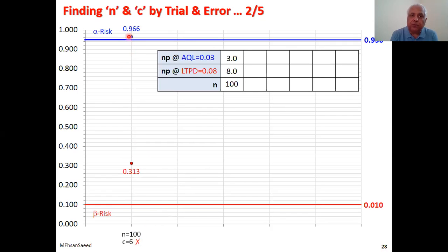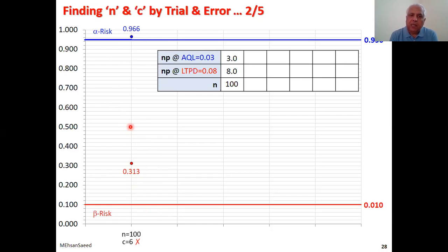Well, it is acceptable to the seller, but not acceptable to the buyer. We have to bring beta risk out of this area, what I may call ilaqai ghair. We have to pluck him out of ilaqai ghair and bring him to the settled area over here.